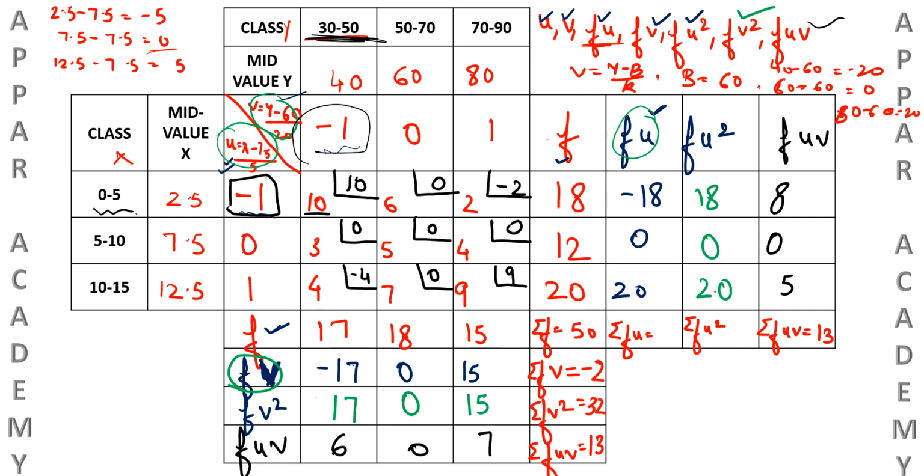FU square means 18 plus 20. This will give us 38. And summation FU is minus 18 plus 20. This is equal to 2. So from here, we have already calculated all these figures. Let us just write down this information over here. Summation F, which is equal to N, is equal to 50. Summation FU is 2.